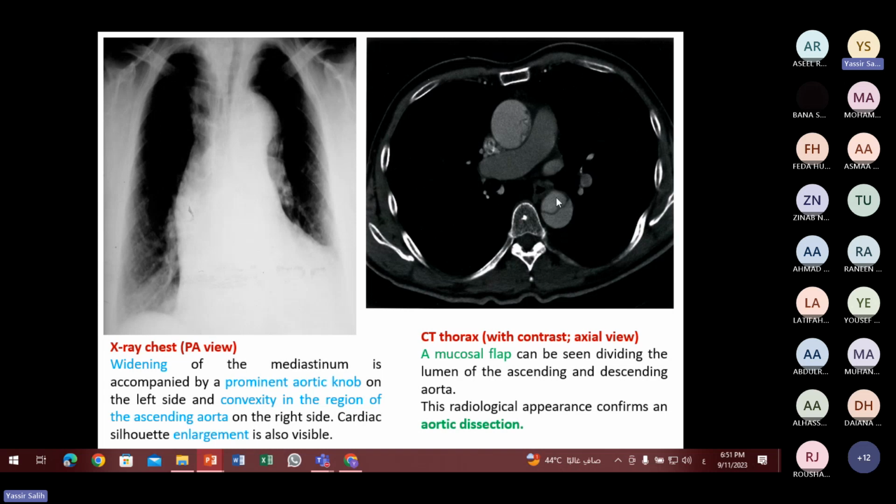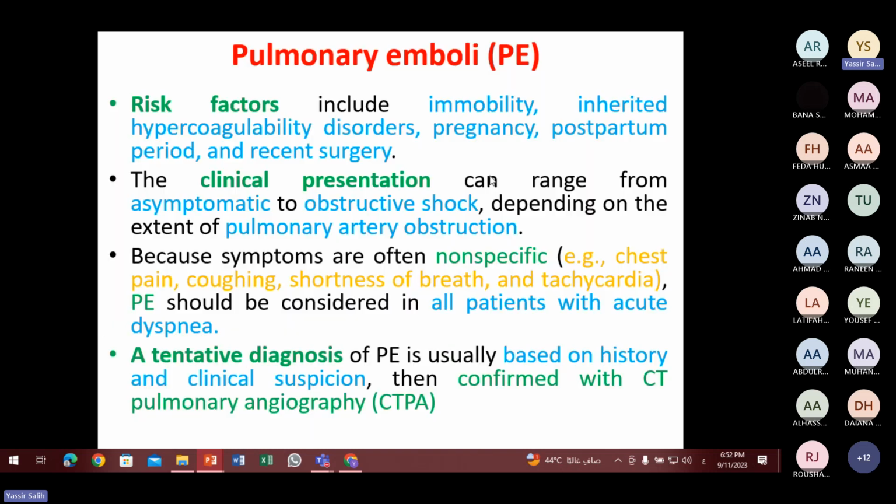Usually the false lumen is wider than the real lumen, because the blood going to the false lumen is more. So this is dissection. How do we know it is aortic dissection? Because we have the flap and the double lumen. This is dissection of the descending aorta. The ascending has no dissection, and this is the pulmonary artery.